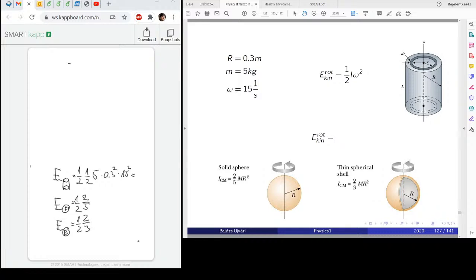Please calculate the kinetic energy of these rotating objects.